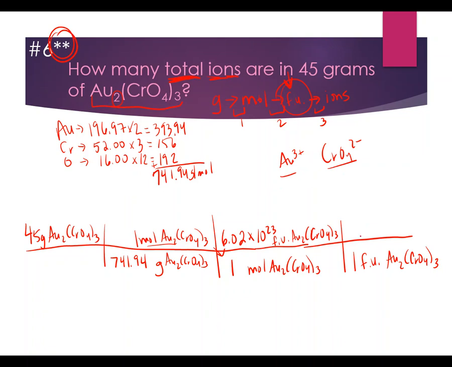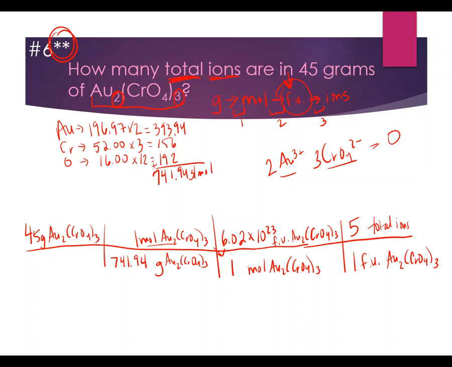So how many total ions do we have in that formula unit? 3, 2, right? We have 2 of these, 3 of those, to make it add up to 0, right? So how many total ions in that formula unit? 5. So this is what we put here, 5 total ions.